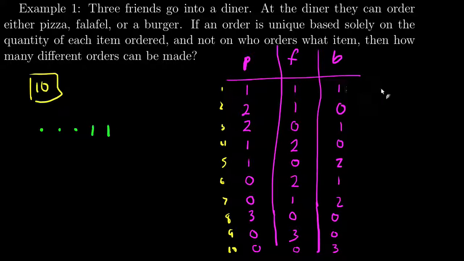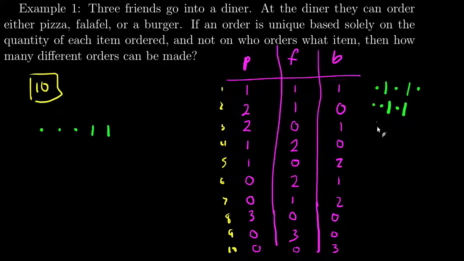This 1 and 1 and 1 would look like one in the first group, divider, one in the second group, divider, one in the third group. This 2 and 1 and 0 would be two, then a divider, then one, then a divider, and nothing over here in the third group.